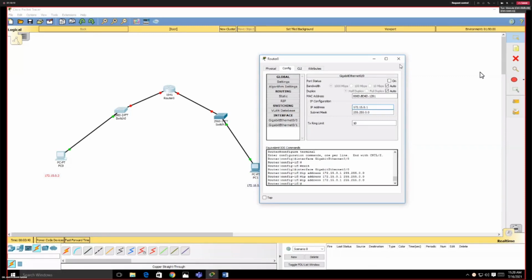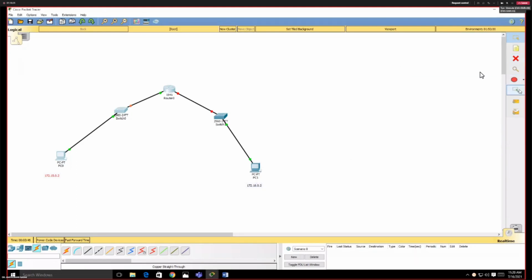Let me repeat. This leftmost portion represents network 172.15.0.0.